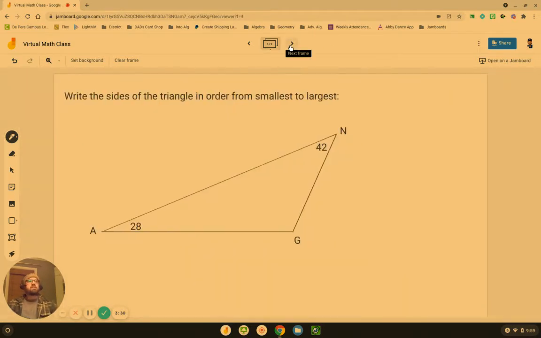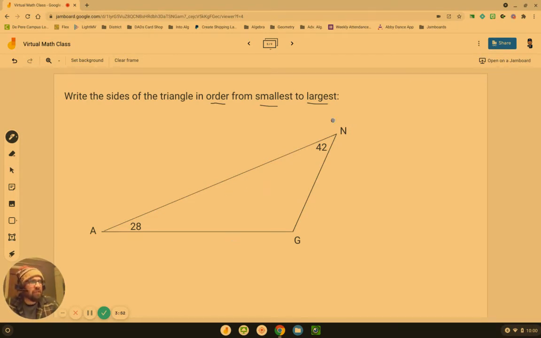So let's take a look at what this means in terms of practicing something like this. Write the sides of this triangle in order from smallest to largest. I've only got two angle measures in this triangle, 28 and 42. Hopefully we remember that every single triangle has 180.